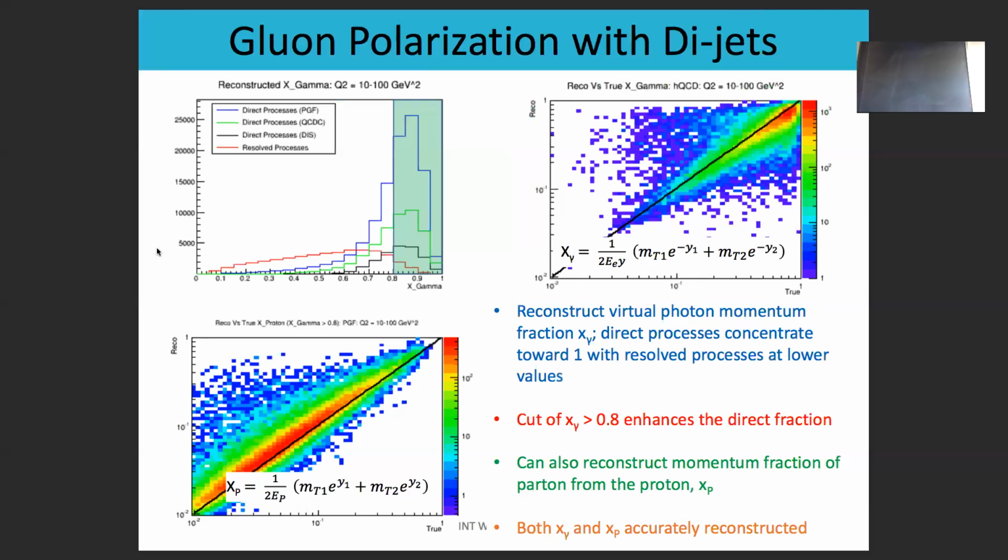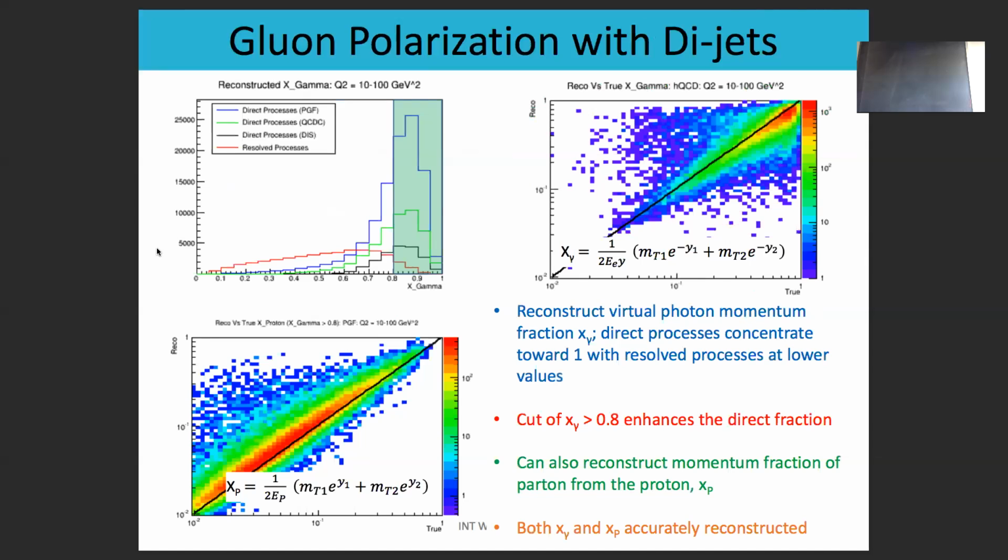You see this plotted here, and you see the direct processes in blue and green, and there are some Dijets from DIS that sneak in, where the target has enough of a kick to provide a second jet. But these are clustered close to X gamma of 1, whereas the resolved in red is much more spread out.